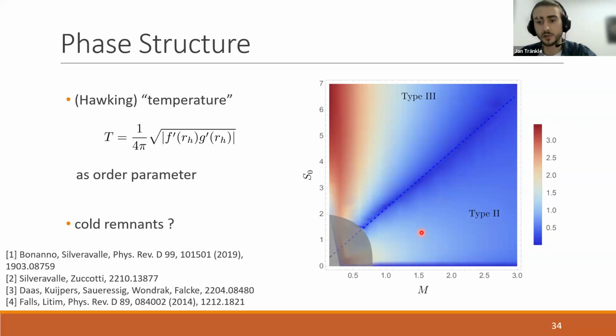So for an astrophysical black hole with very large mass sitting here in this type 2 solution branch, we could imagine that it behaves like a type 2 black hole and then evaporates away, loses some mass, and moves towards this transition line where the temperature would vanish. Of course, in order to determine the properties of these potential remnants, one would have to study the solutions around this phase transition line in more detail. But this is an interesting speculation at this point.